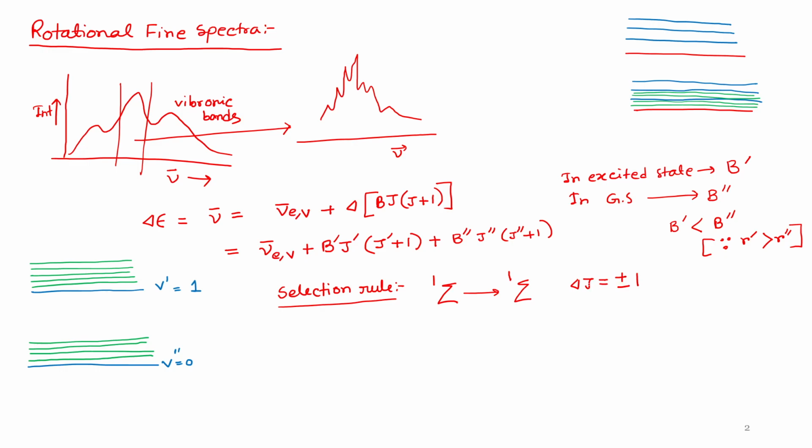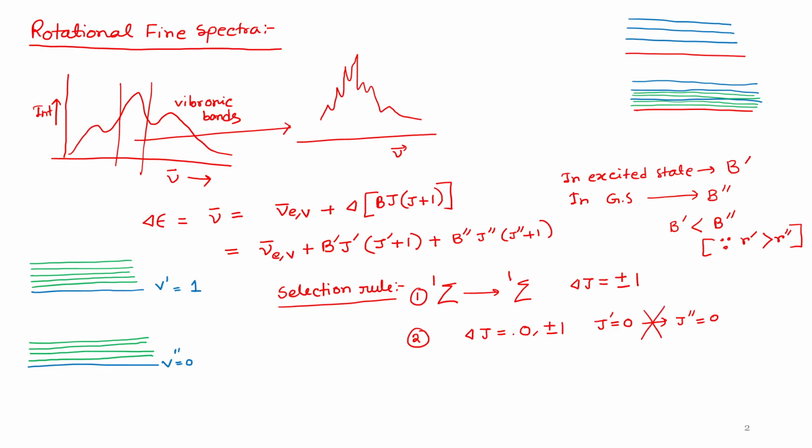Okay, during this, and if delta J, what can happen? The delta J can be 0, plus minus 1, but you have to remember J dash equal to 0 to J double dash equal to 0 is forbidden.